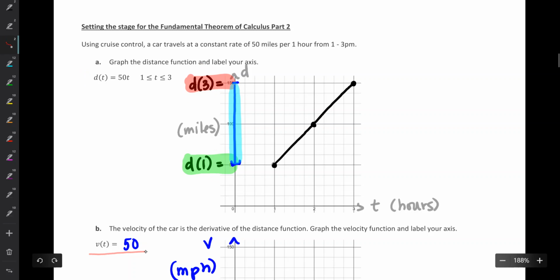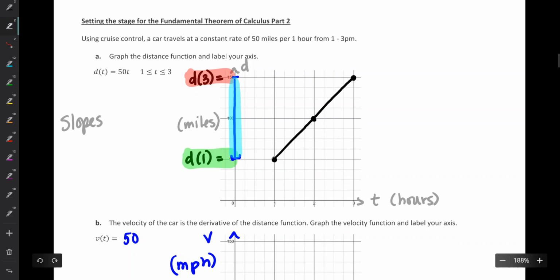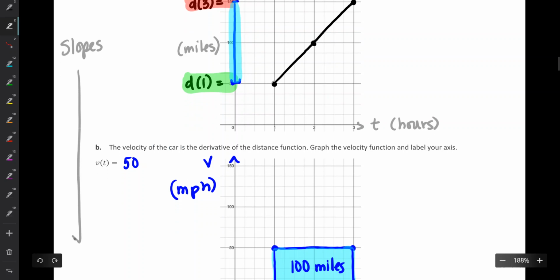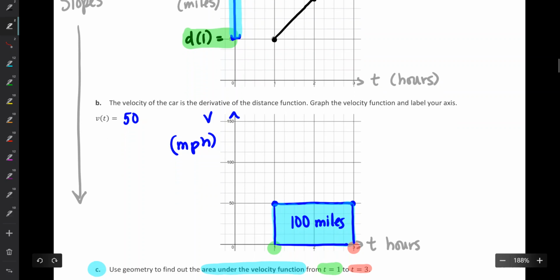The derivative of what function is 50? The derivative of 50t is 50. And I can just subtract these heights, d of 3 minus d of 1. This is awfully beautiful. What's going on right here? The slopes up here are the y values, the heights down here.